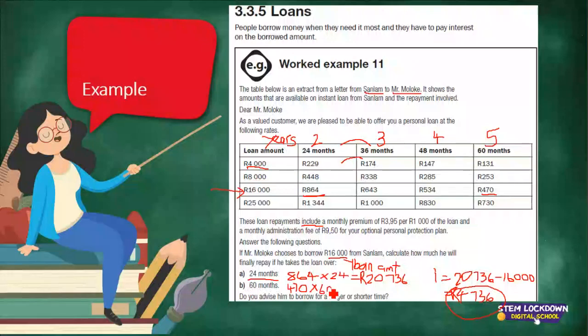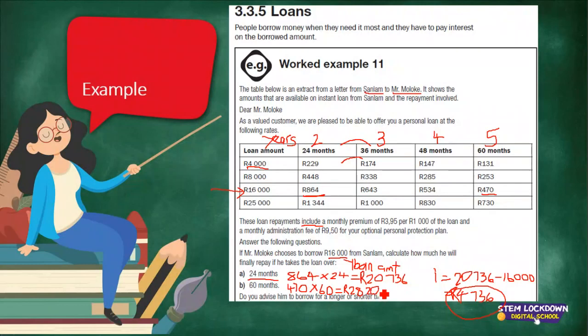Okay, 470 times 60, using your calculator. In this case, my answer is 28,200.